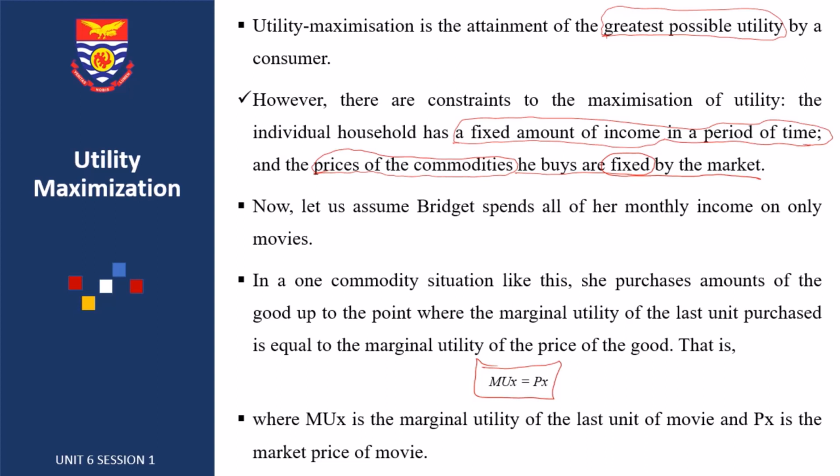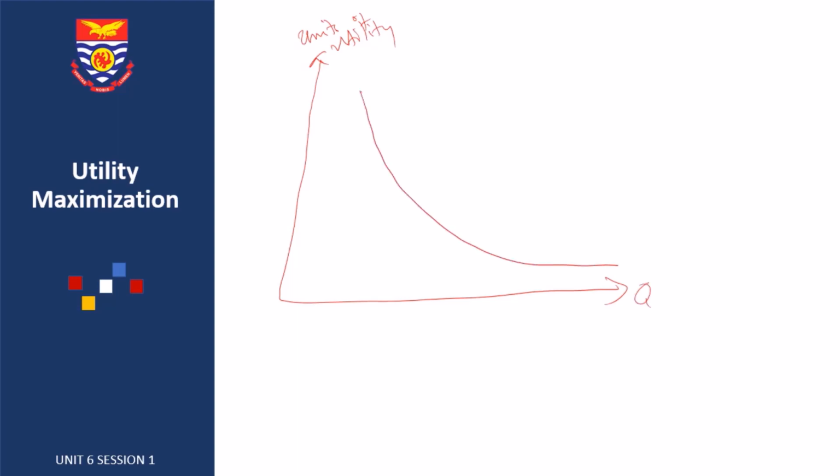Now we can sketch a graph for this also. Let me try and sketch a graph. Okay, so something like this. We know that for utility, the vertical is what? Units of what? Utility, and the horizontal is still what? Quantity. Marginal utility will look like this. Now we can have something like this.